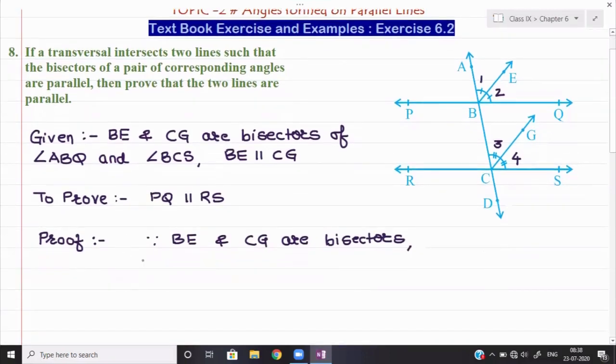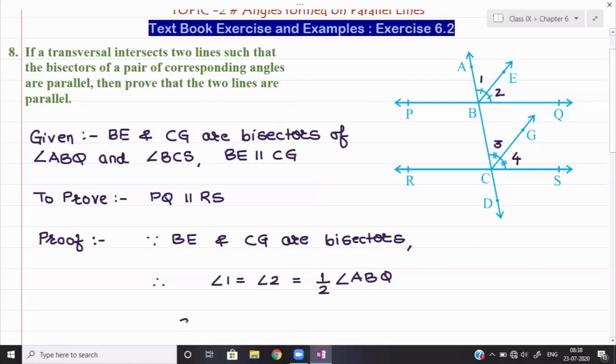Therefore angle 1 is equal to angle 2 is equal to half of angle ABQ, because both will be half of angle ABQ. For example, if I say divide 10 into two equal parts, what is the value of one equal part? That is 5, and the other part is also 5, and 5 is half of 10. Since there are only two equal parts, they will definitely be half of the whole. In the same way, angle 1 and angle 2 will be half of angle ABQ.